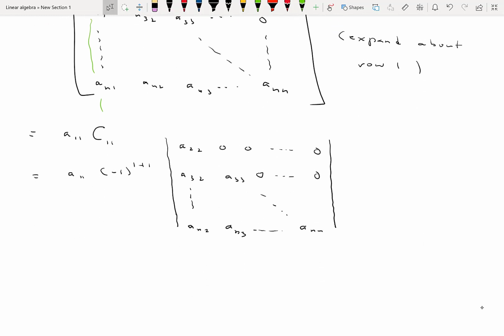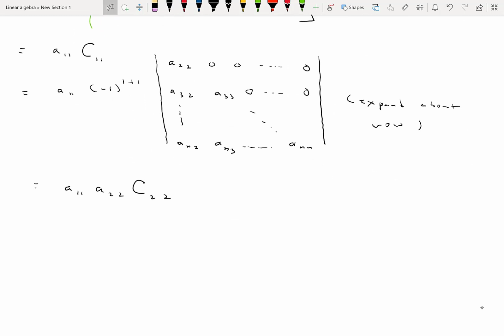Now what do we do? We do it again. We expand about row 1. We keep expanding about row 1. So we're going to get A11, and -1 to the 1 plus 1 is 1, so we get A22 C22.